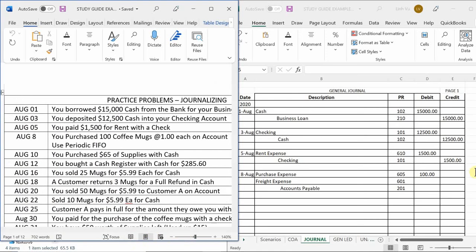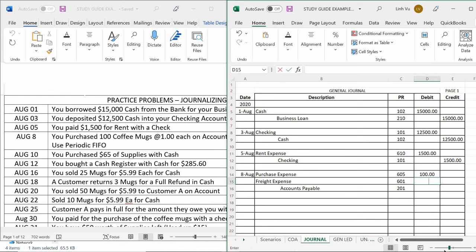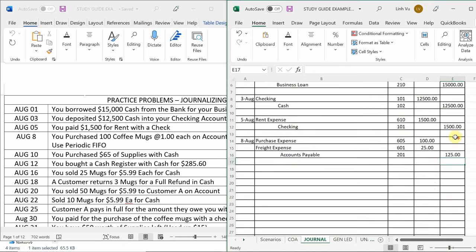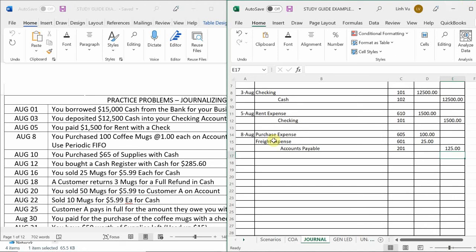Okay, yeah. Giving you a grand total of 125. Okay, if you want to make a note here, you can, saying that you purchased 100 coffee mugs. Okay. So let's plug our numbers into our ledger.